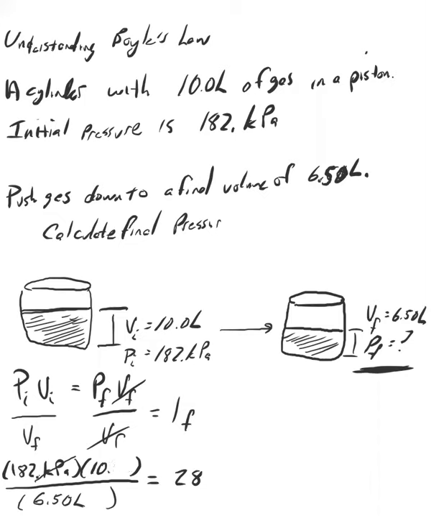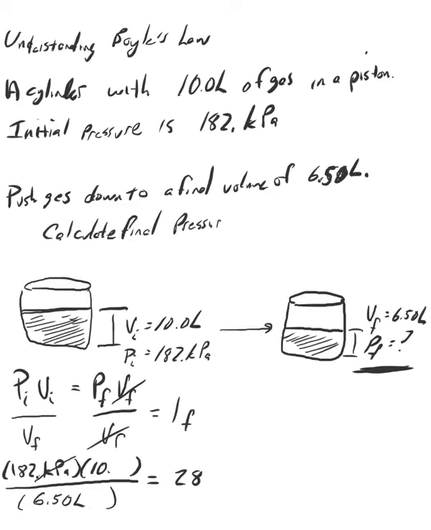Oh dear. Okay, let's try a new one. So it's 280. I'm sorry, I'm just having a little problem with the pencil here. There we go. 280 kPa. Okay, all right, let's try a new one.